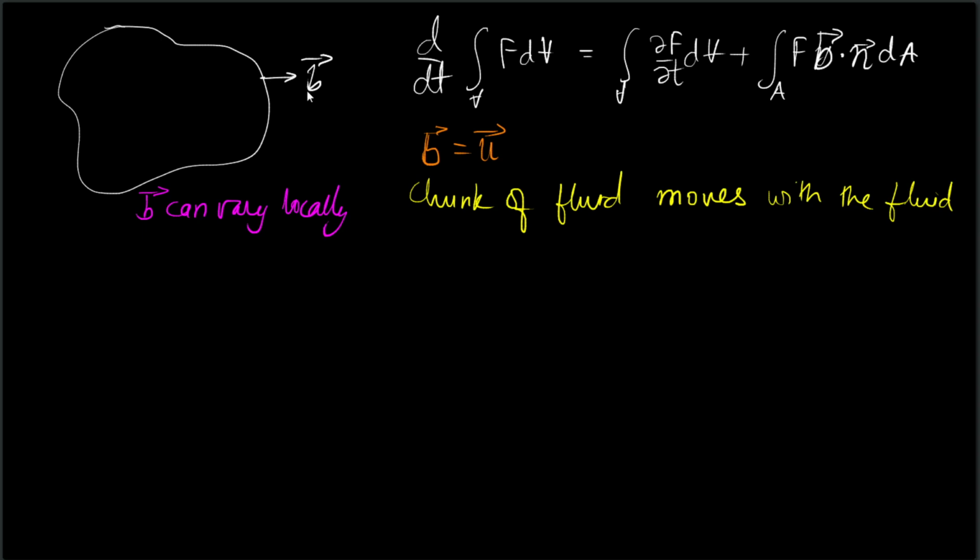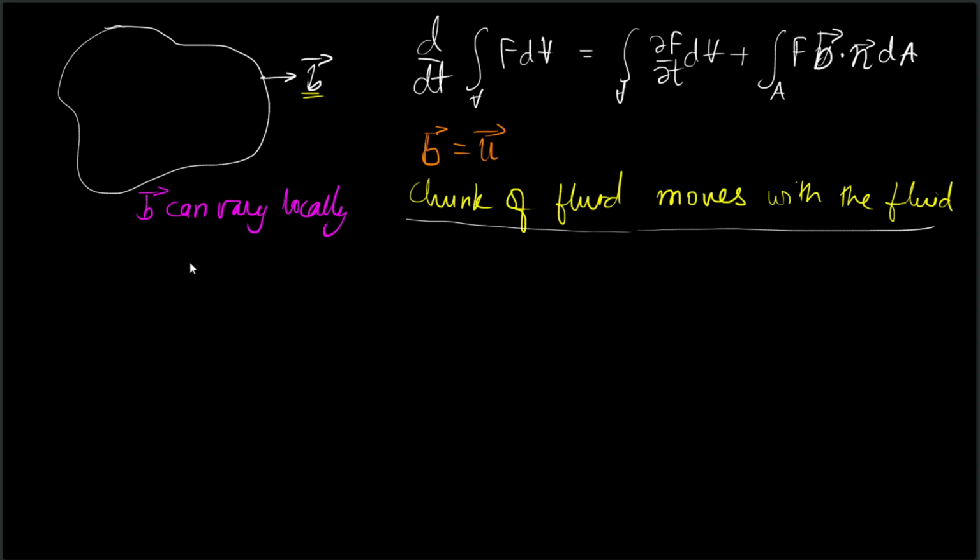The control volume does not have a velocity which is separate from the fluid velocity. And if the chunk of fluid moves with the fluid, then it means that the acceleration encountered by this chunk of fluid is because of all the forces acting on the fluid itself.